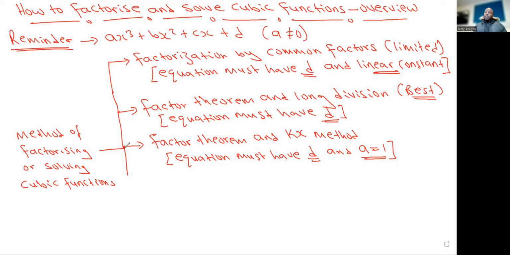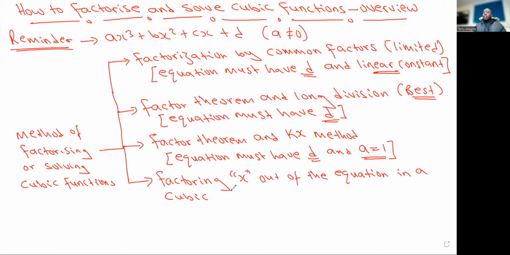Now, the other two methods I'm going to talk about, but before that, let me introduce the fourth one. It's what we call the factoring x out method, factoring x out of the equation in a cubic equation without constants.